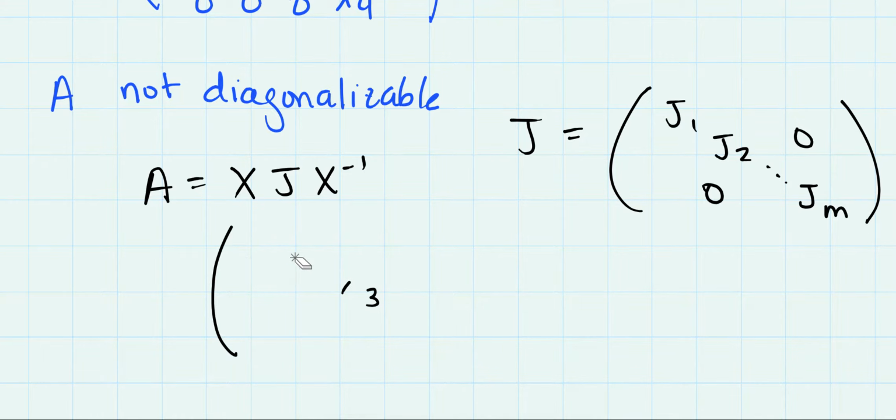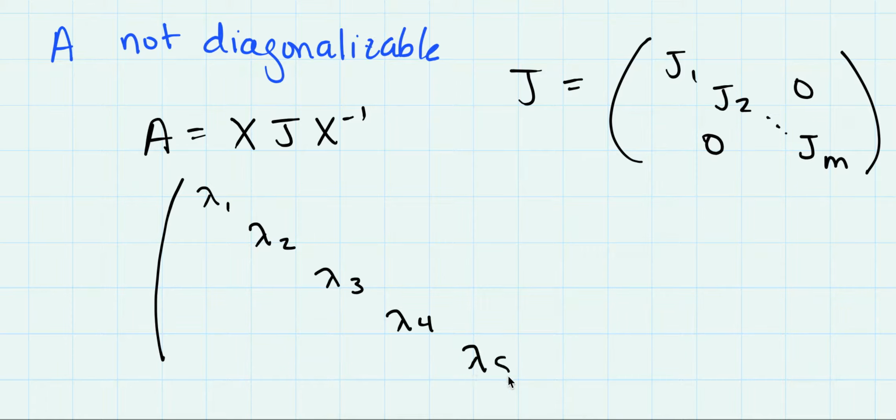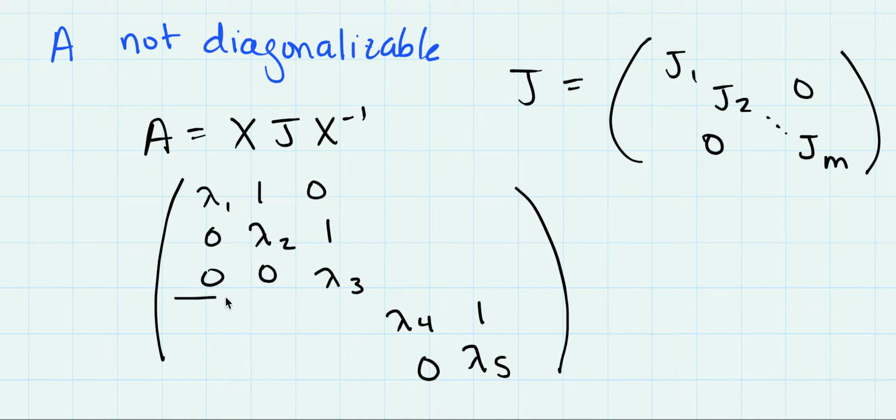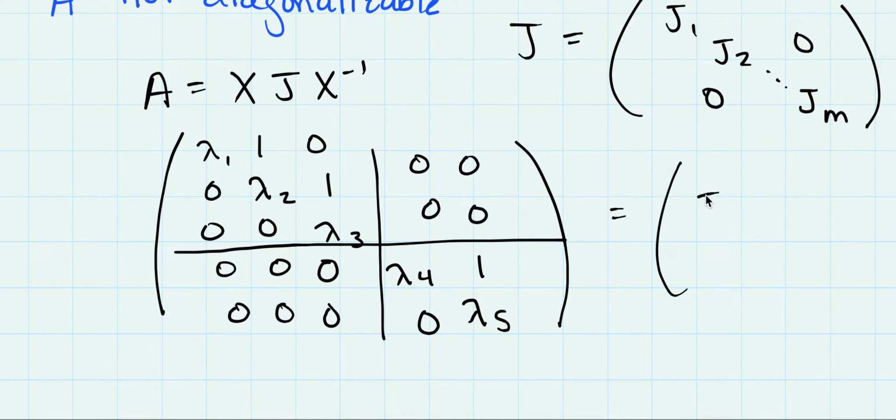Let me clean this up so I can try this again. Let's say we have 5 numbers here. So this would be J1, and this would be J2.